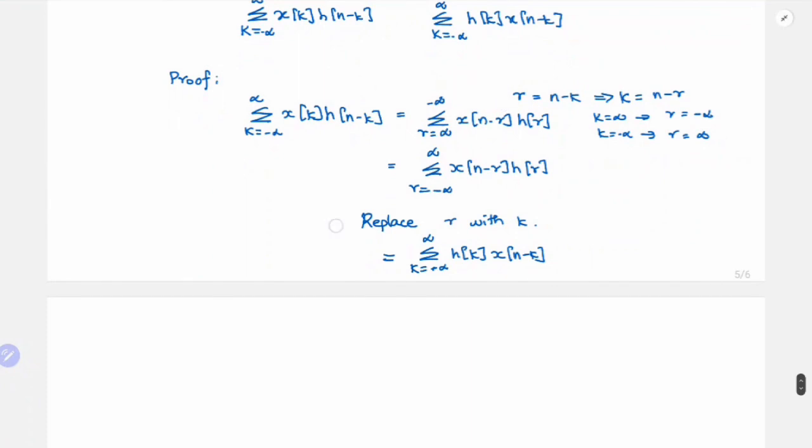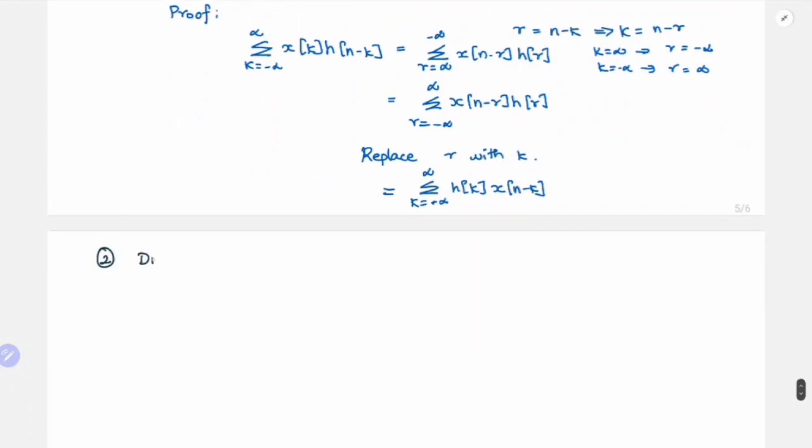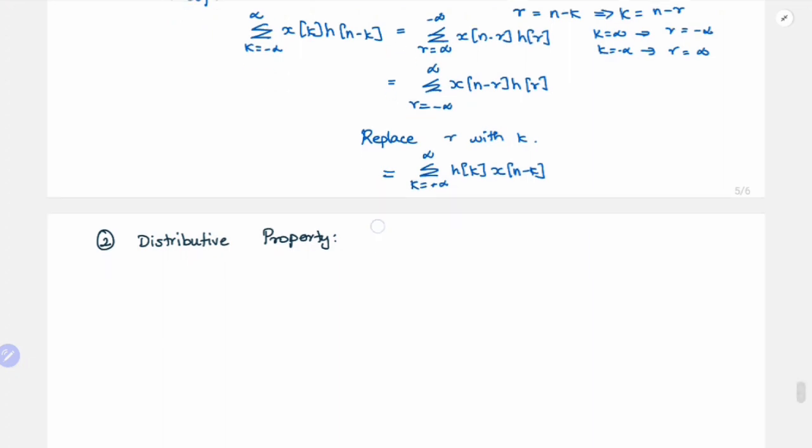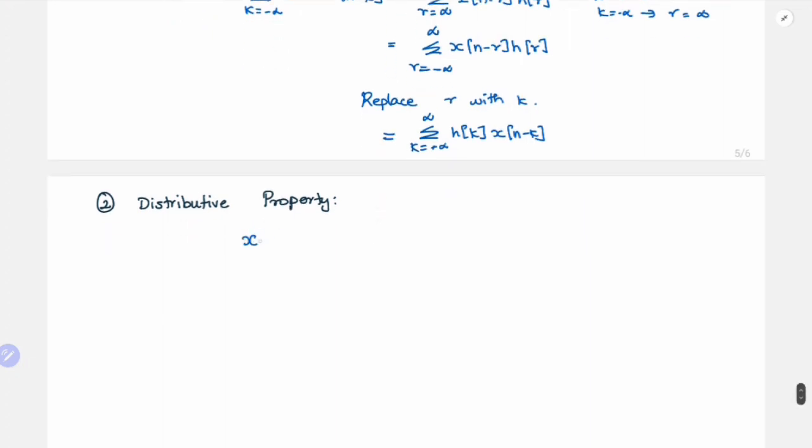And my second property will be the distributive property. It states that x of n convolved with (h1 of n plus h2 of n) is equal to x of n convolved with h1 of n plus x of n convolved with h2 of n. So here the convolution is getting distributed over addition.